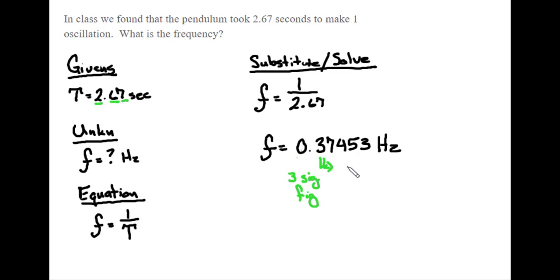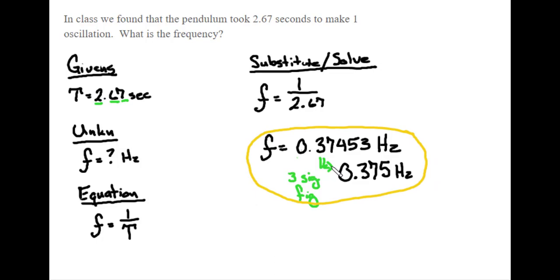So when I do, I get 0.37. Those are significant. The 4 is significant, but the 5 isn't, but it's going to round it up. 0.375 hertz. Well done.